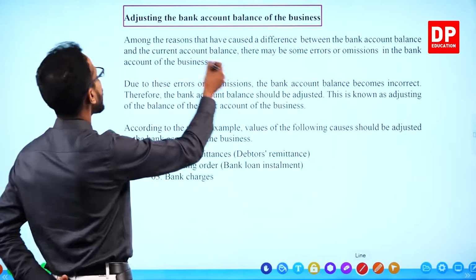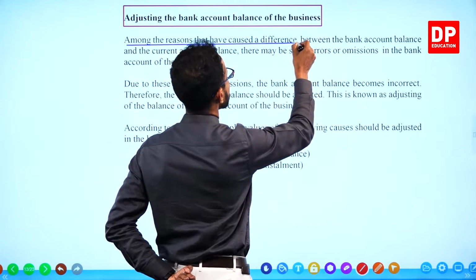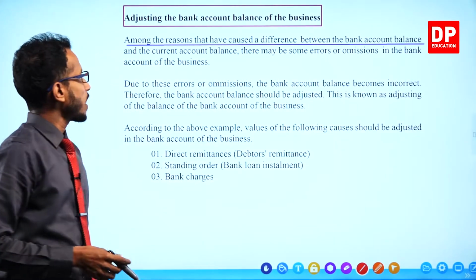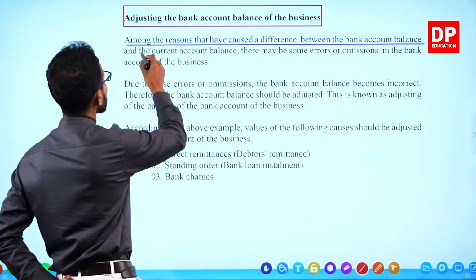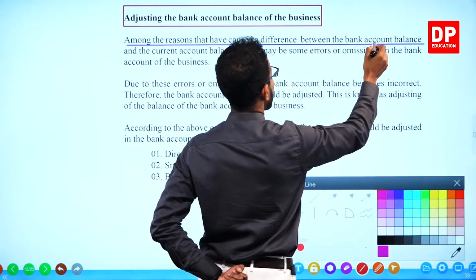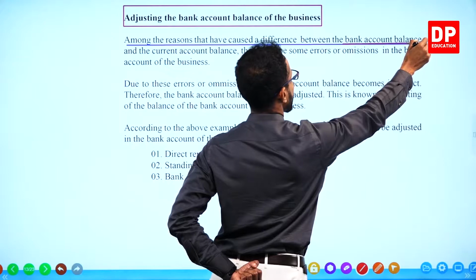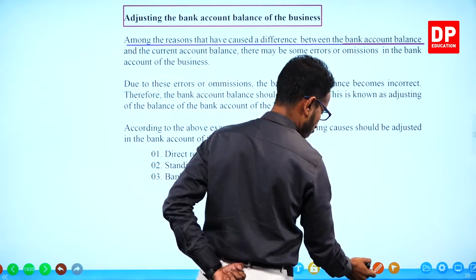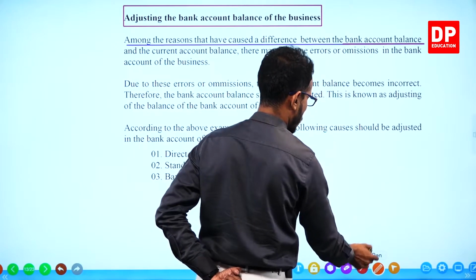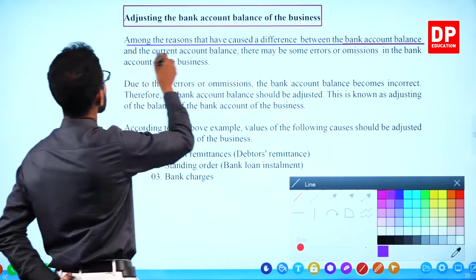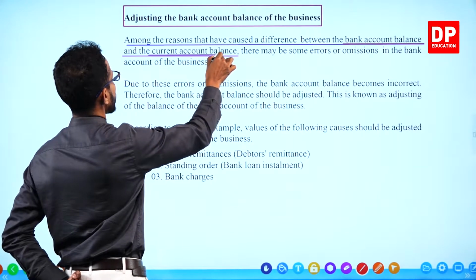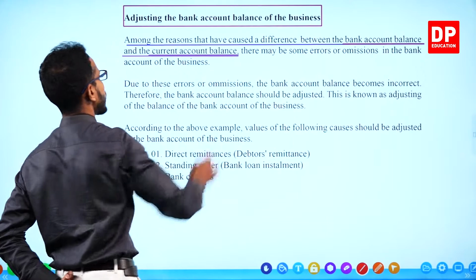I'm going to put pink color for the bank account balance, and purple for the other balance, that is the current account balance. Without saying current account balance, you can say the statement balance.